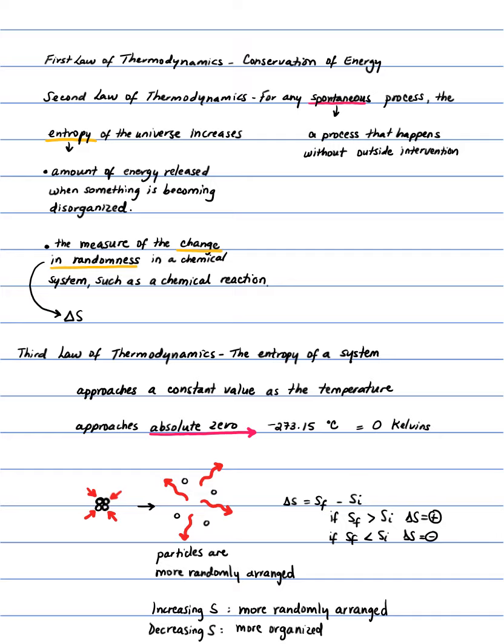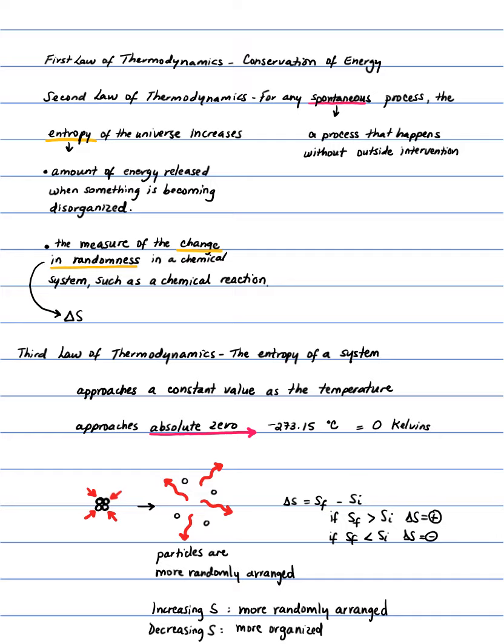So let's go over the definitions. Spontaneous means that specific process is happening without outside intervention. So it's happening by itself. And then entropy, which is our new thermodynamic property, is an amount of energy similar to what we have for enthalpy.